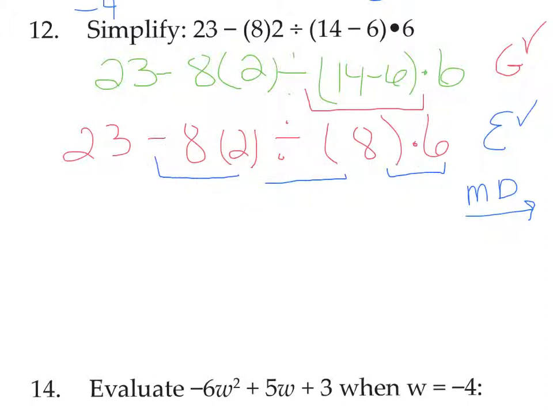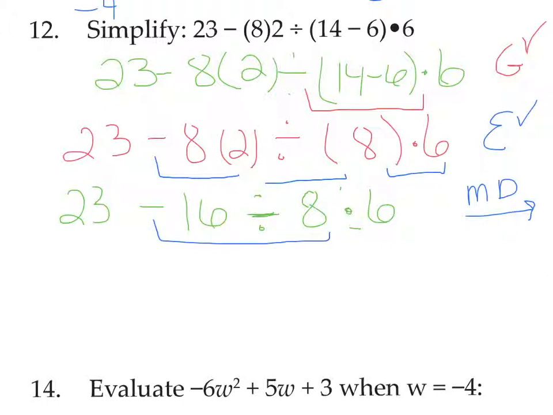So negative 8 times 2 makes negative 16. We didn't do anything with the 23 yet. Let's write this. This is an 8 divided by. All right, now we're ready to do this division. Negative 16 divided by 8 is negative 2. We haven't done anything with 23 yet.